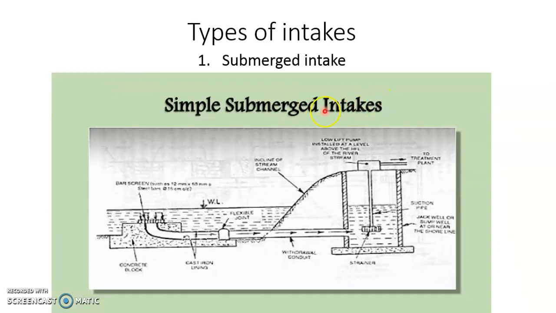Now let's see the types of intakes. First of all, this is a simple submerged intake. Why is it called a submerged intake? You can see here, the entire intake structure is below the water surface. From the water surface, you cannot find out that there is an intake inside. So this is called submerged intake.